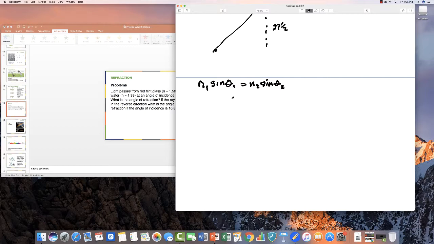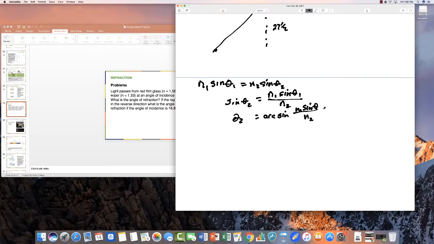So that means that the sine of angle 2 is equal to the index of 1 times the sine of angle 1, or incident if you want to use that word, divided by the index of refraction 2, and angle 2 is the arc sine of this quotient here.